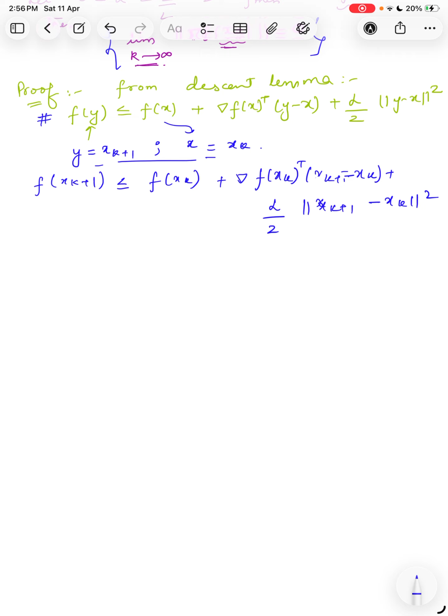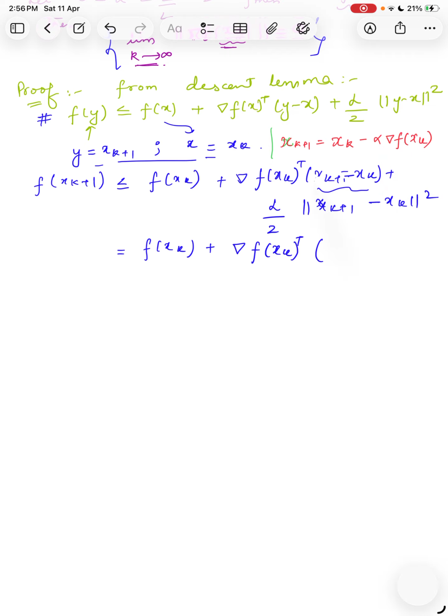Now we can further simplify this to show that this is equal to f of xk plus the gradient of f at xk transpose. Now if you look at this thing, you can take the help of the iteration, where you have your xk plus 1 equal to your previous iteration minus alpha times del of f at xk.